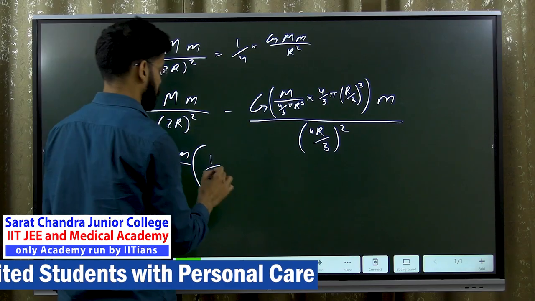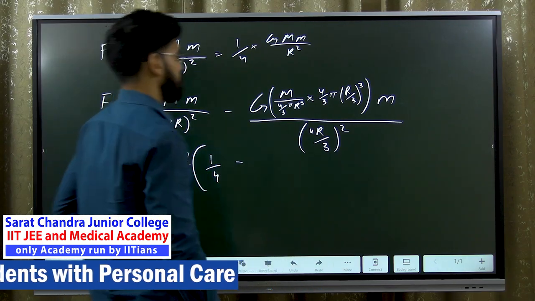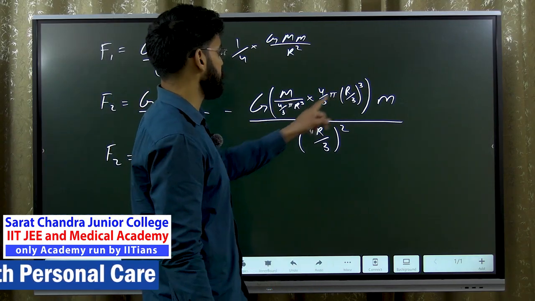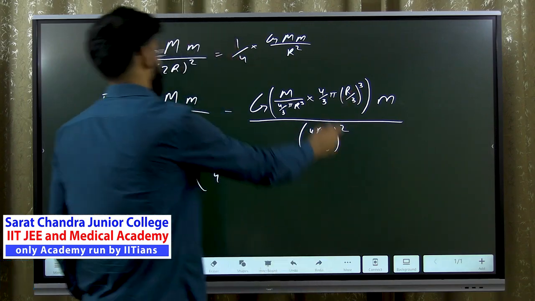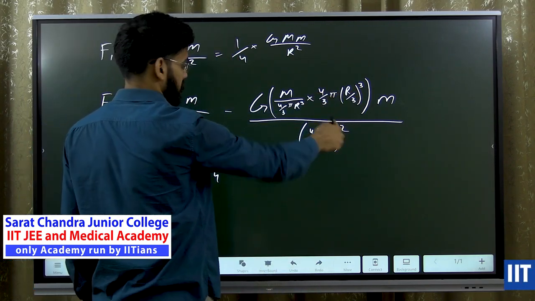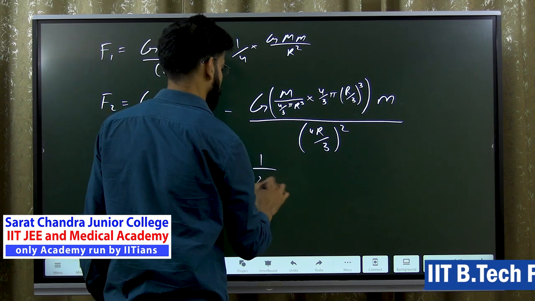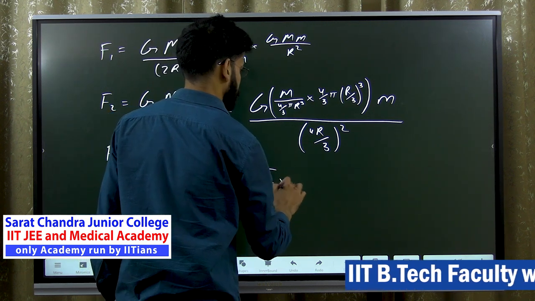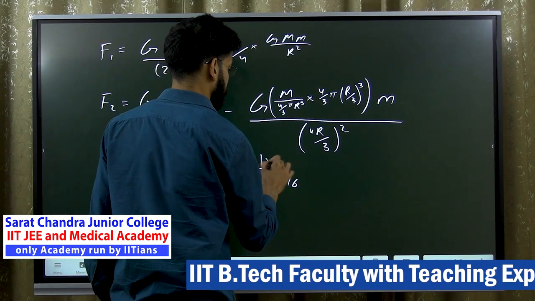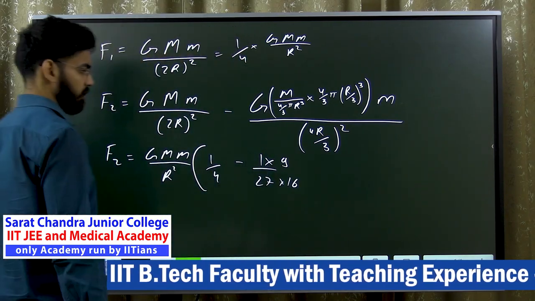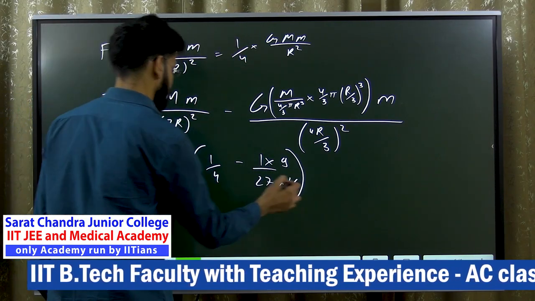This is 1 by 4 minus, how much is this? 4 by 3 pi, 4 by 3 pi cancel out. This is 1 by 3 cube. So 3 nines are 27, this is 1 by 27, and this will come 4 fours 16, and in the numerator it will go 9, right? Okay, that's it. This is what I got.